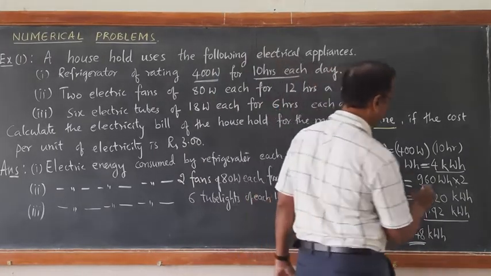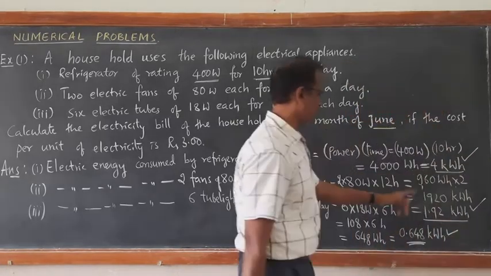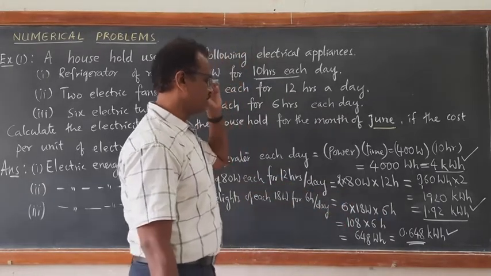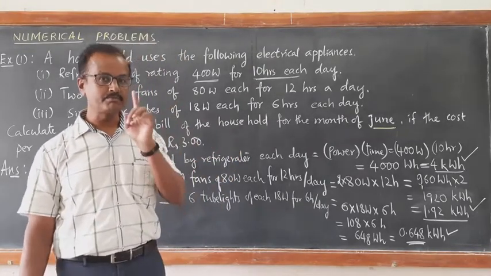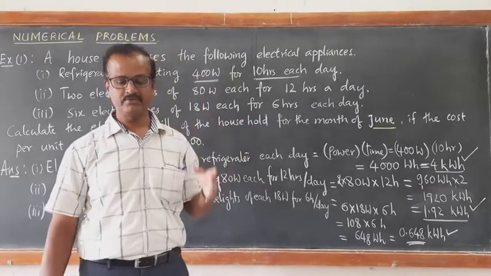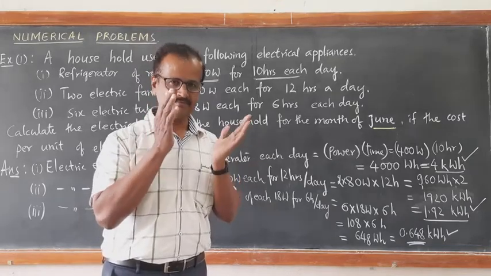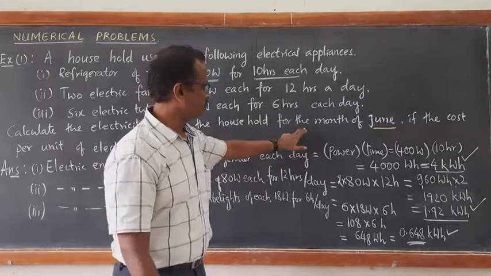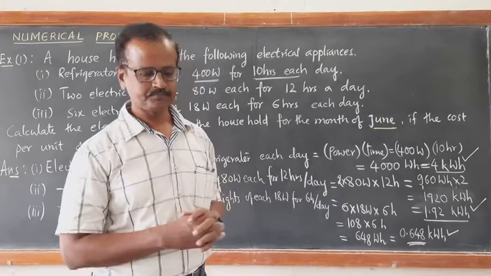Now we have to add units: 4 plus 1.92 plus 0.648. If you add this, you will get total number of kilowatt hours, total number of units used per day. That should be multiplied by 30. So that gives you total number of units used in June month. That multiplied by 3 rupees per unit gives you electricity bill.